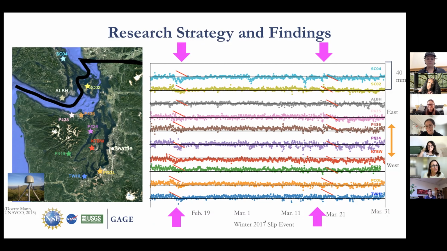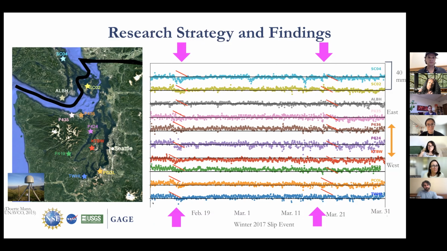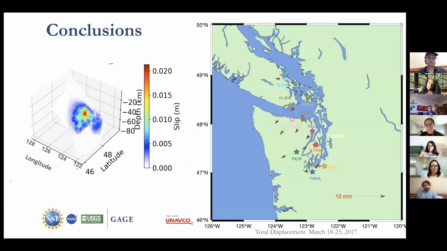And we looked at a typical slow slip event, the winter 2017 event. Using sub-daily data, we were able to measure the total displacement over the course of the event.